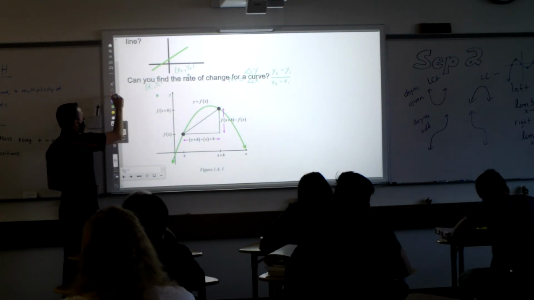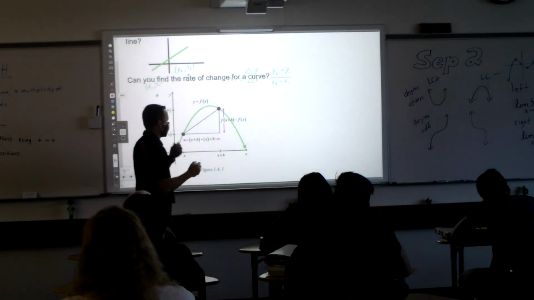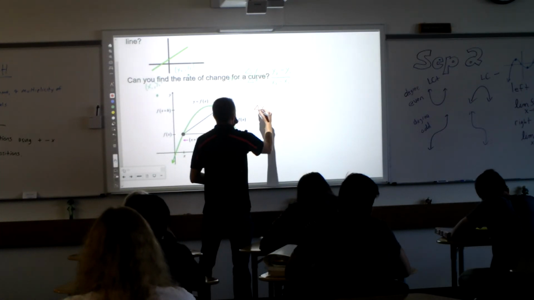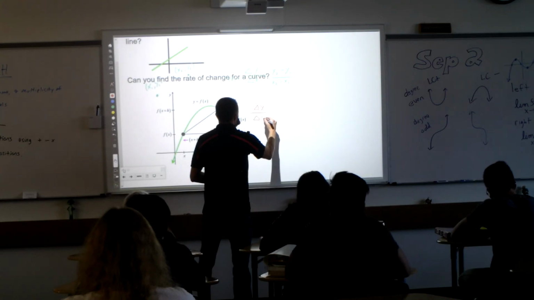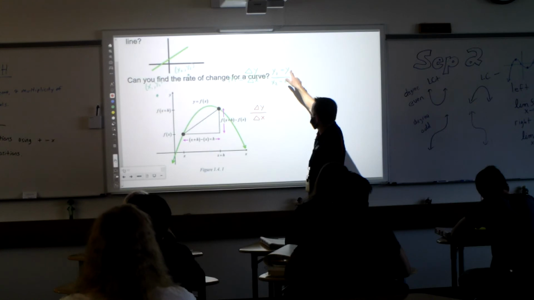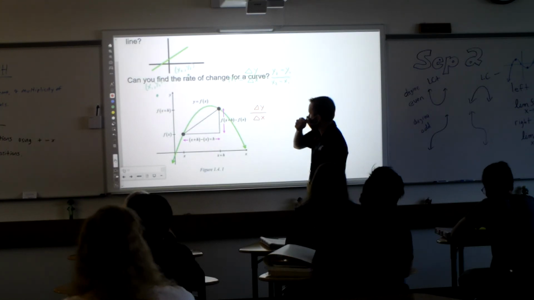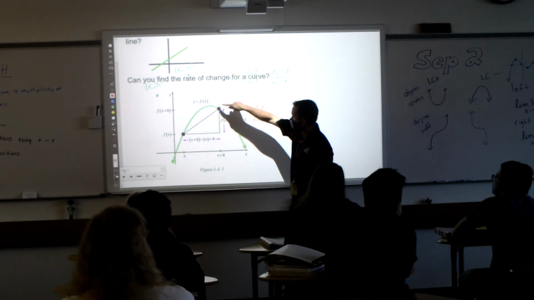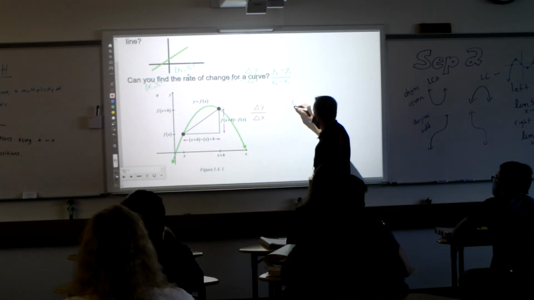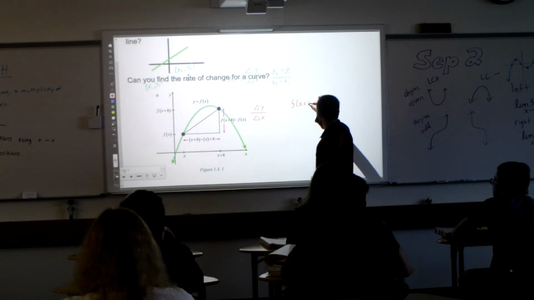Well, let's just use our same formula and plug that in. To get your rate of change, the change in y over the change in x, in other words, y2 minus y1 over x2 minus x1. So let's take this height and subtract that height. When I do that, I get f of x plus h.